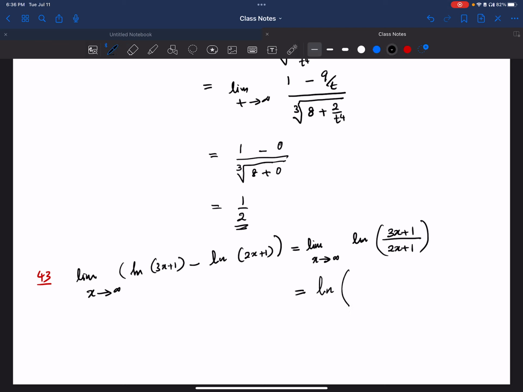So the log of the limit as x goes to infinity.